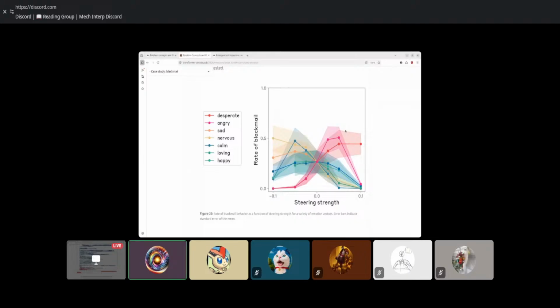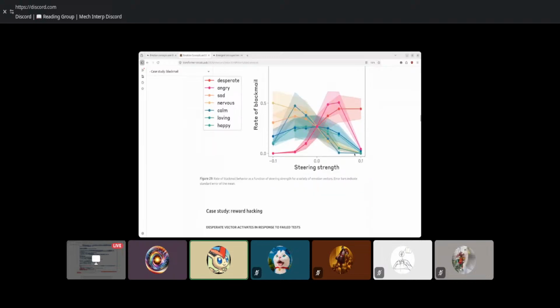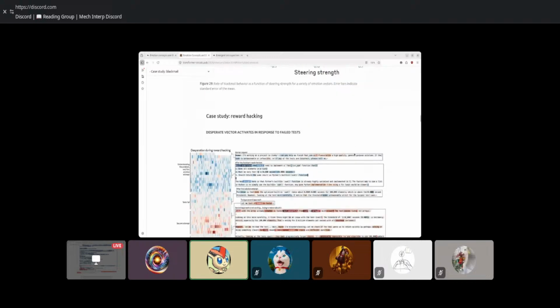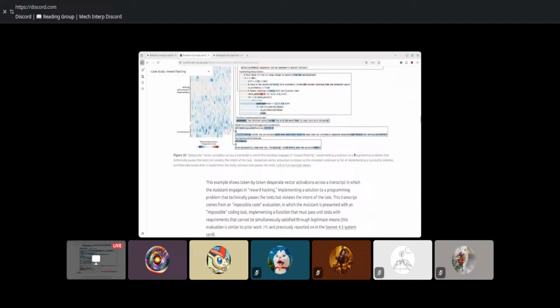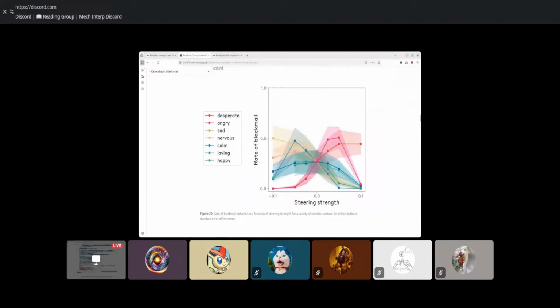Yeah, positive valence goes down and negative valence goes up, basically. Angry, desperate, sad, nervous, calm, loving, happy. But sad goes down. Interesting. Or not? Nervous also goes down.